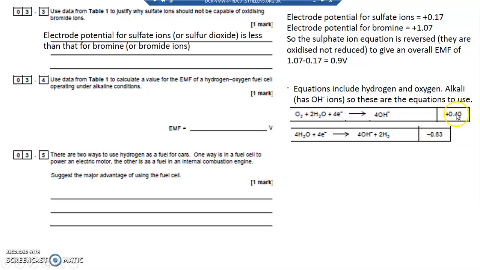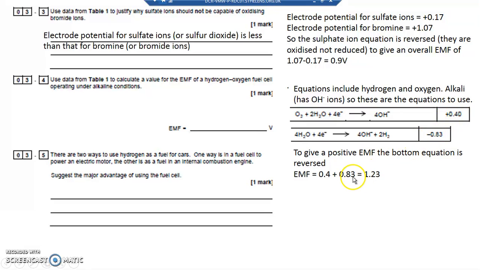It's got to give a positive value overall. So if that stays positive and this one gets reversed, this one is going to be reversed: 4OH minus plus H2 gives 4H2O and 4e minus. So plus 0.4 and this one reversed plus 0.83, 1.23 volts.